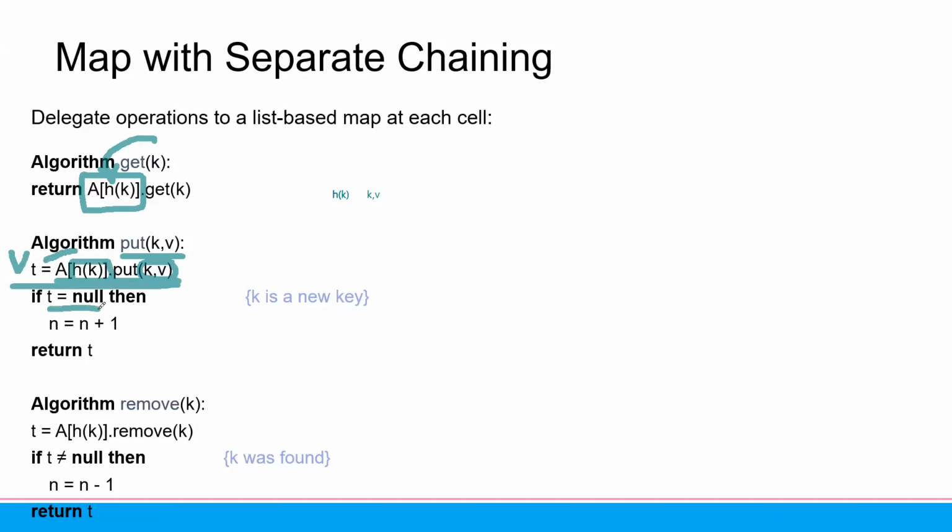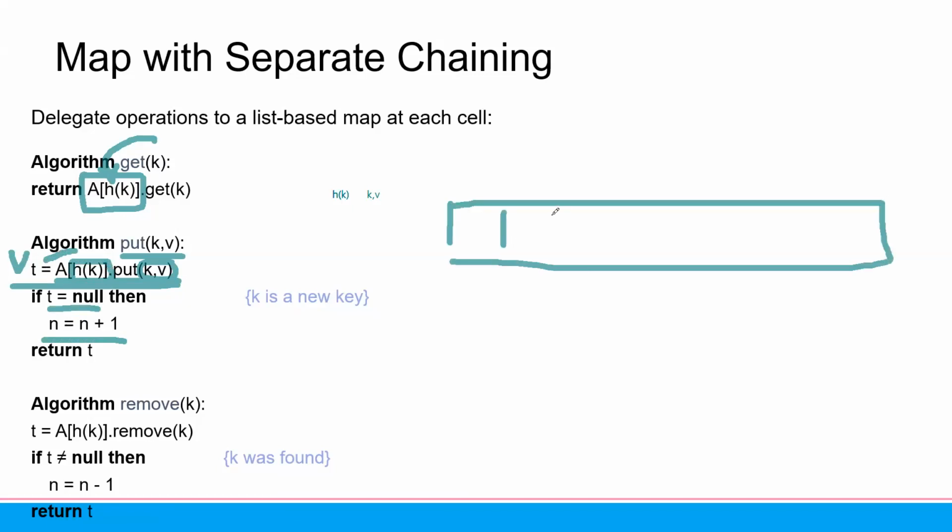If the bucket is null, then I can just add 1 to the size. So if I have an array, and if this slot is empty, I can just add 1. So it is the separate chaining. What about if it is not null? Then we need to check another possible or empty space. Okay? So we will check later with an example.